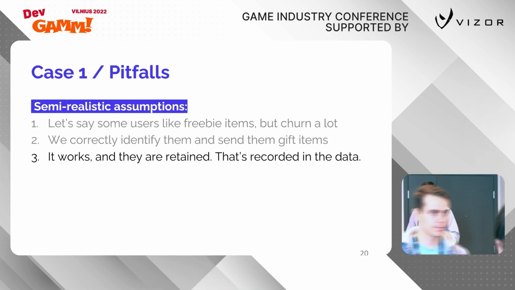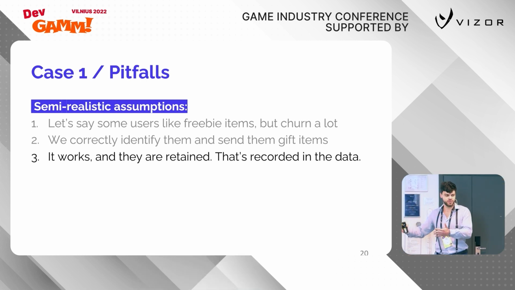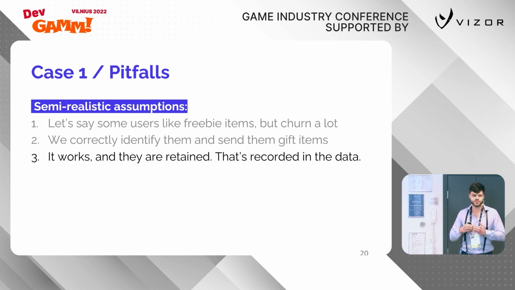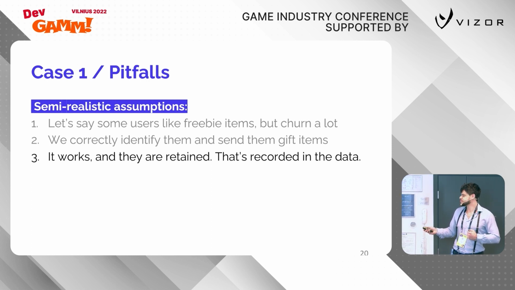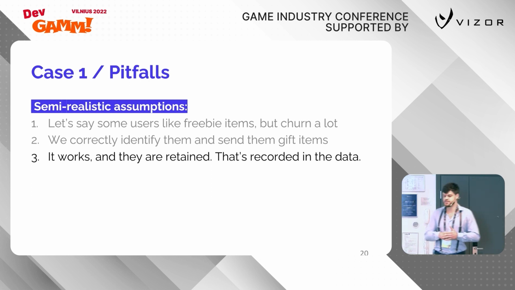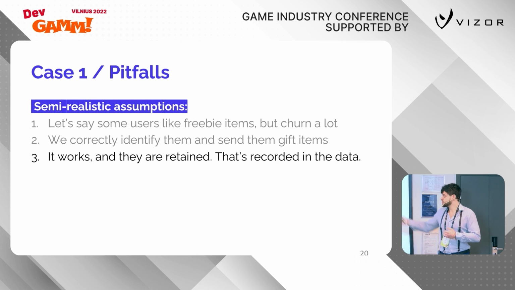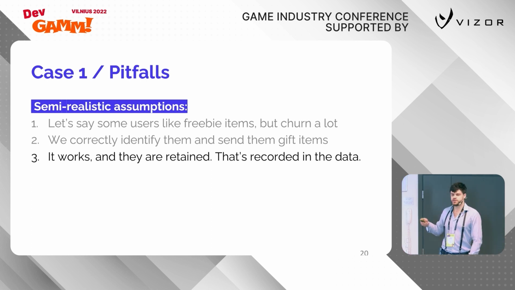Okay, so we have built a churn prediction model. Let's assume that it works. Let's assume that we have used it to guide our decision on who should receive these gift items. Okay, it works. But the behavior of these users who received these items is recorded in the data.